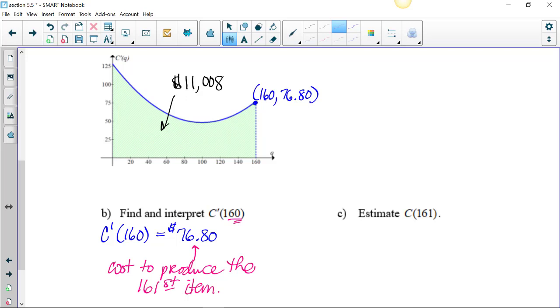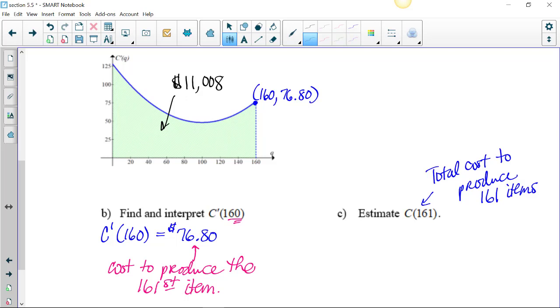Okay? So if I want to estimate C of 161, which basically means the total cost to produce 161 items, well, let's think about that. We know the total cost to produce 160 items.